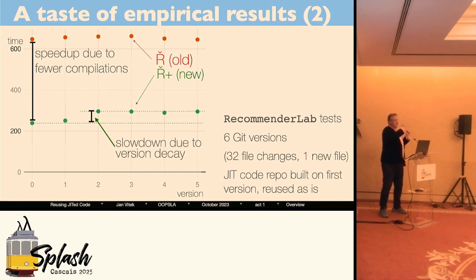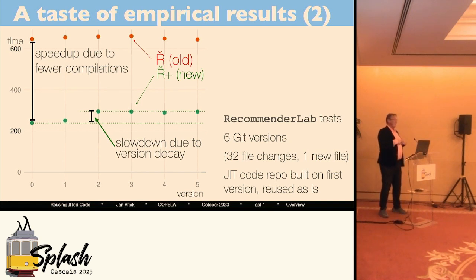And then ran the test suite with different code bases. So the first bar you see is the speedup we get on the 0th iteration, and the axis is in seconds.